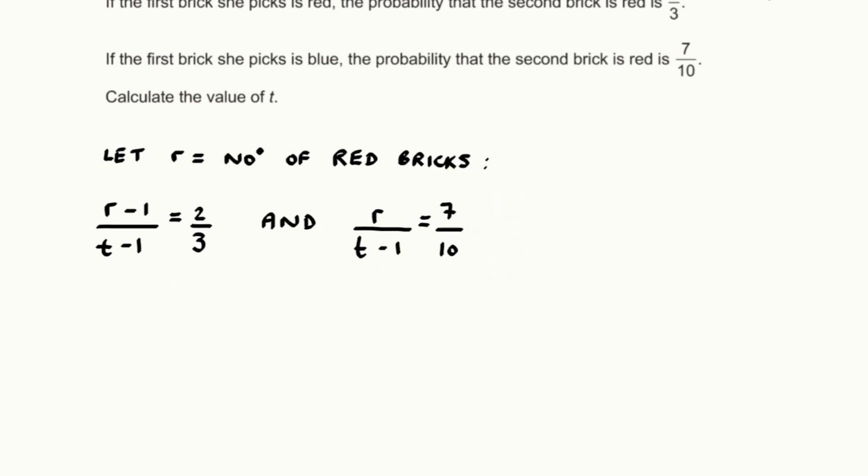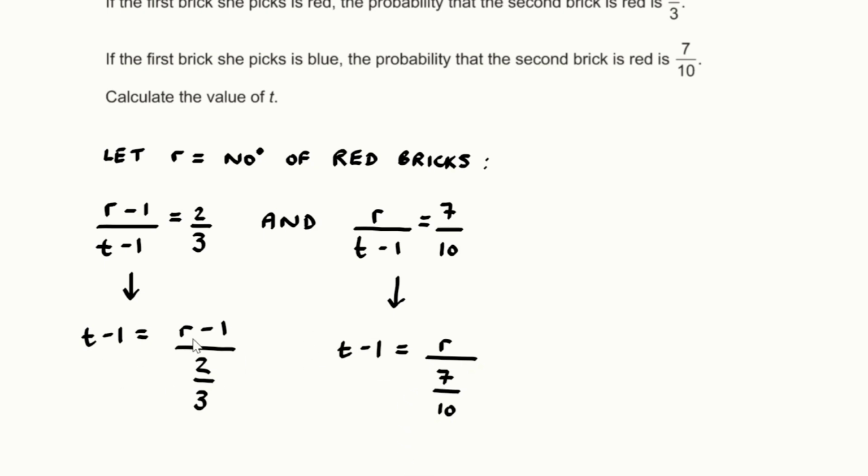Well, from here, I can see that t minus 1 is equal to r minus 1 divided by 2/3. And from here, I can see that t minus 1 is equal to r divided by 7/10.